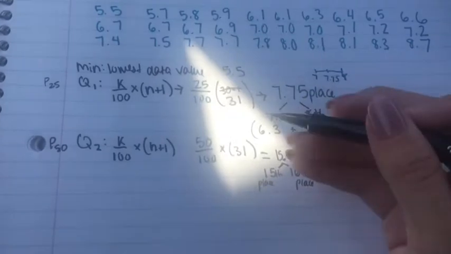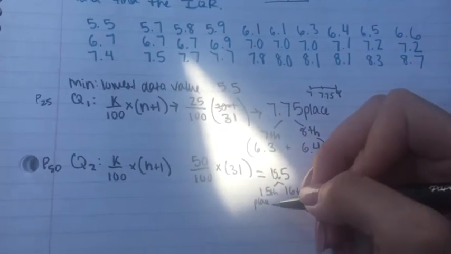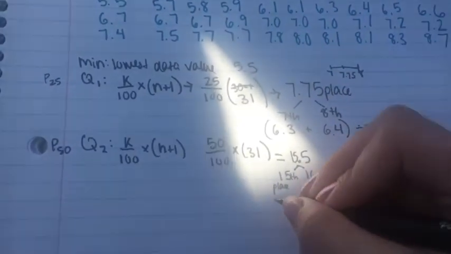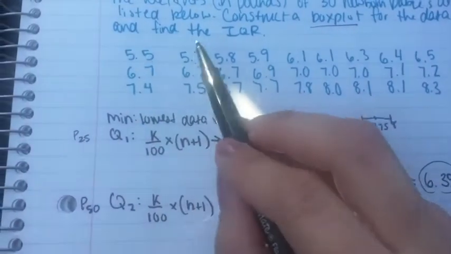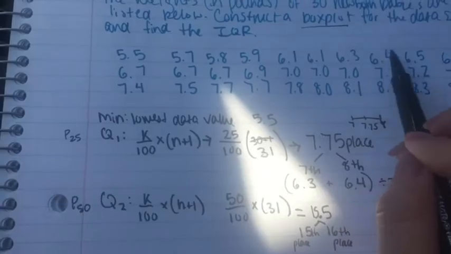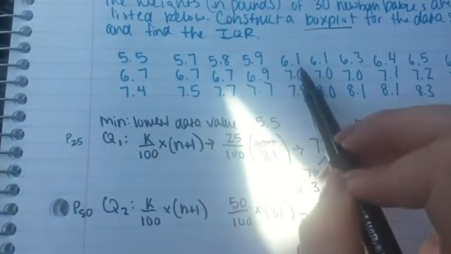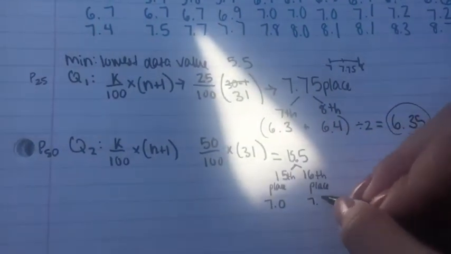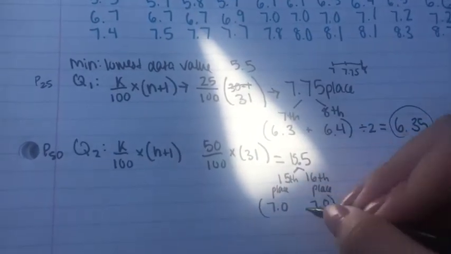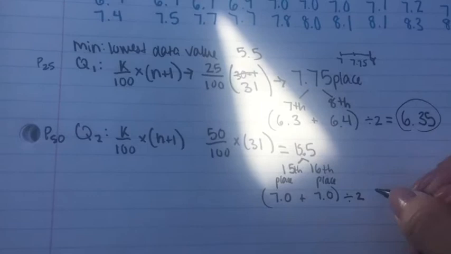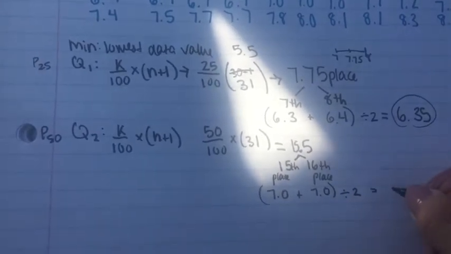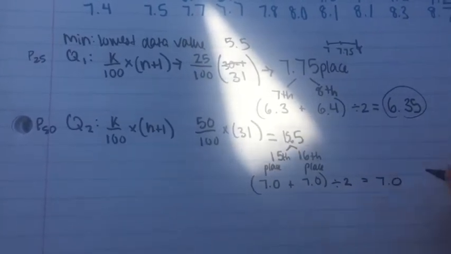Okay, so after counting, I get that the number in the 15th place is 7.0, so I'm just going to write that down here. Now I'm going to find the 16th place. And I still got 7.0. So now I'm going to add those two numbers up and then divide by 2. And I get that my Q2 is 7.0.